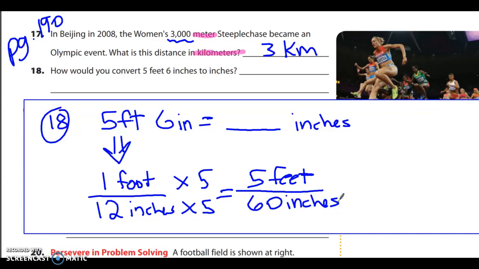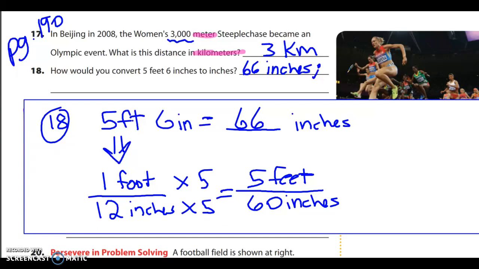So our answer is 60 inches, but we've got to add on these 6 right here. So 5 feet is 60 inches, and then we have another 6. We're going to add those and get 66. Now the question doesn't exactly say what is the answer. What I'm going to do here is I'm going to write 66 inches. And then it doesn't exactly say explain, but I'm going to.